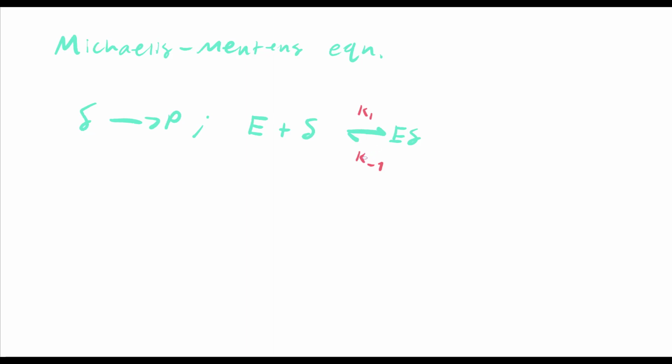And the K-1 is how fast does the ES degrade and go back into the reactants, okay? So how fast does that happen, okay? And it's safe to say that the ES is very stable. The amount of ES is very stable because there's an equal amount of it being formed and being broken, okay? So if you make 2 ES, you have another 2 being broken down to make the enzyme and the substrate, okay? So that's all they're saying.